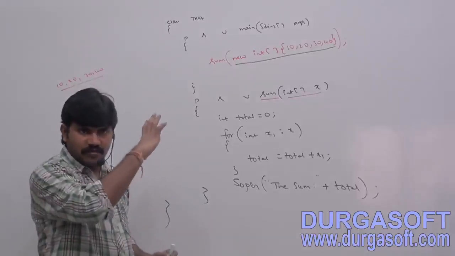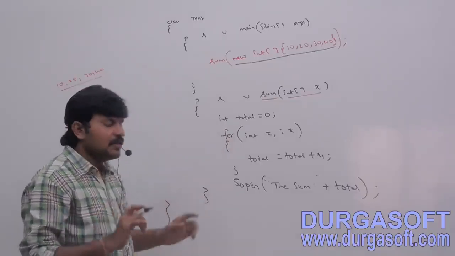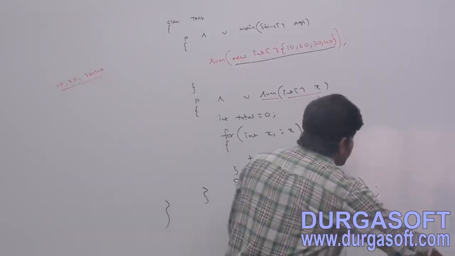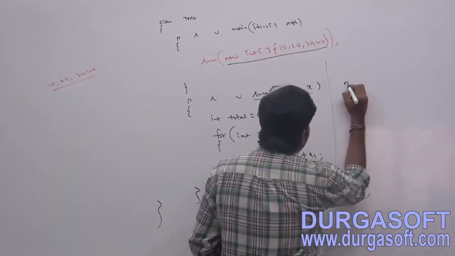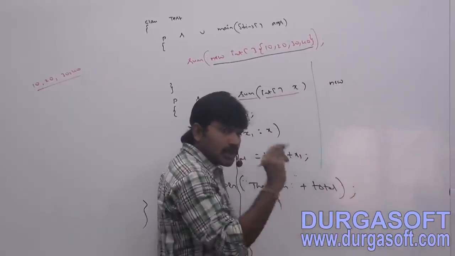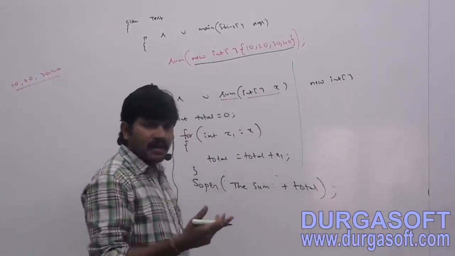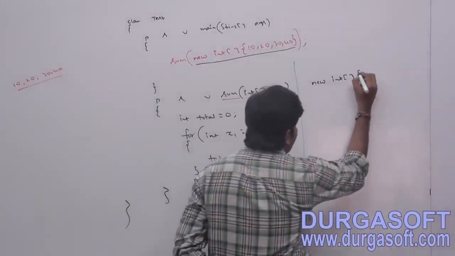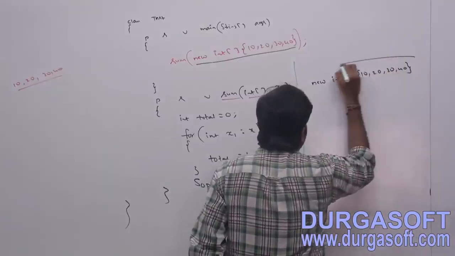Any explanation required for you people? Okay, so make sure how to create an anonymous array. Simple. We use the new operator, new type of array. What is the type of array? Int array, any type, int array, char array, with values 10, 20, 30, 40.